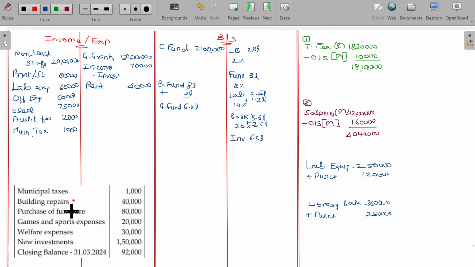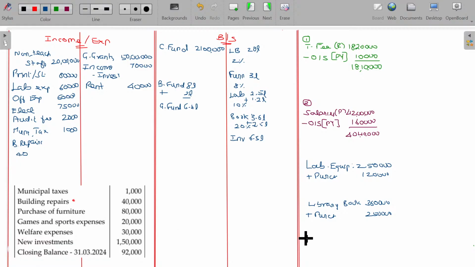Building repairs: I have put a dot here representing there may be some adjustment. So only one dot is there, so I assume it has only one adjustment. So on the expenses side, building repairs, this value being 40. I will do the adjustment later on.